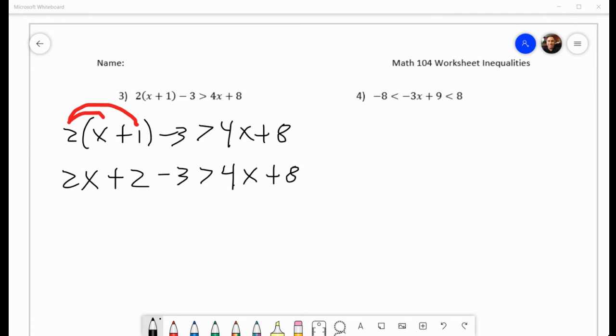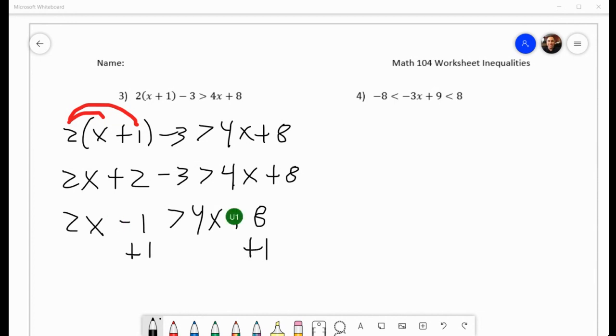Okay, so from here, we can simplify further. You get 2 times x minus 1, because 2 minus 3 is minus 1, is greater than 4x plus 8. Now, again, we want to get x all alone, so I'm going to add 1 to both sides.